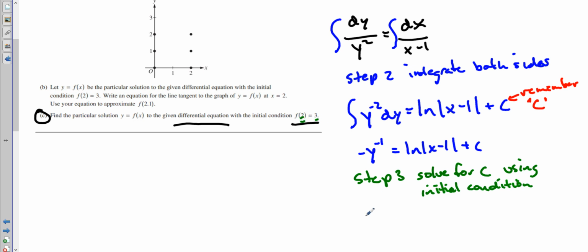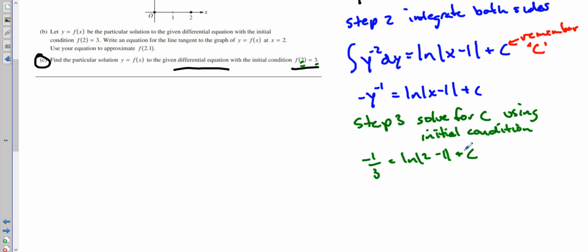So we have negative 1 over 3 equals the natural log of 2 minus 1, plus C. 2 goes in for x and 3 goes in for y. The natural log of 2 minus 1 is the natural log of 1, which is 0. And so C is going to equal negative 1/3.